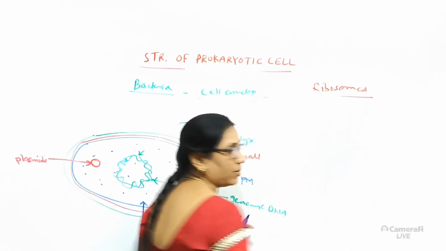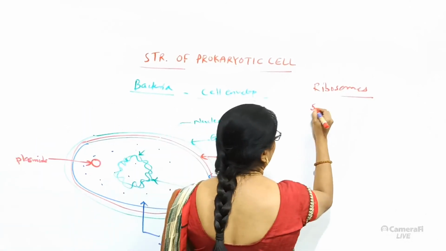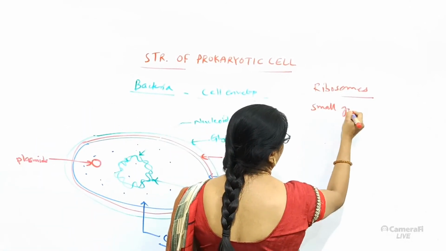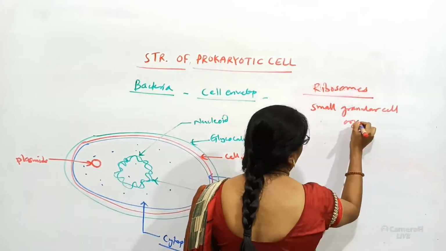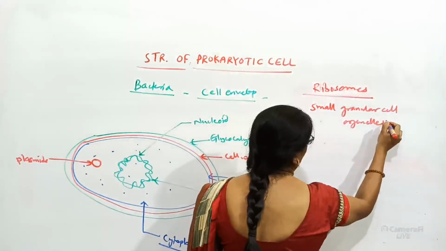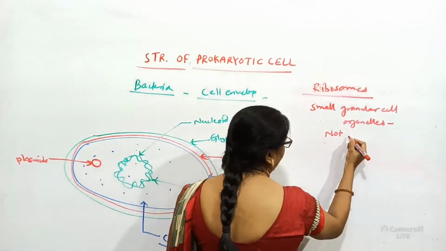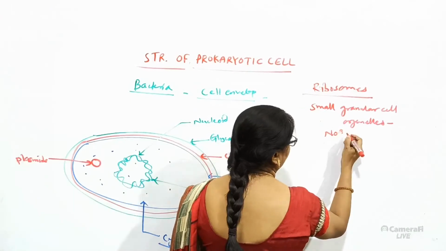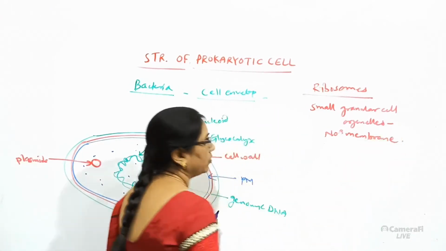What are these ribosomes? The ribosomes are small granular cell organelles, and they are not bounded by any membrane. So there is no membrane around the ribosomes.